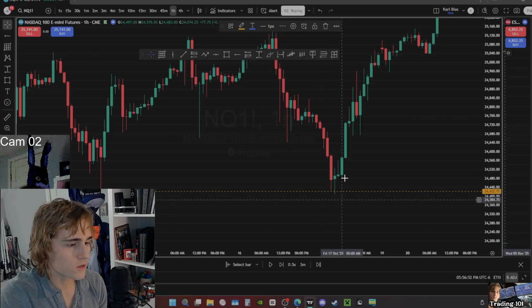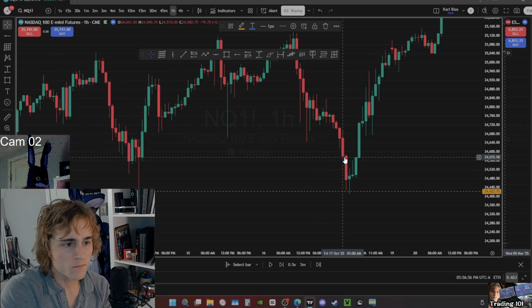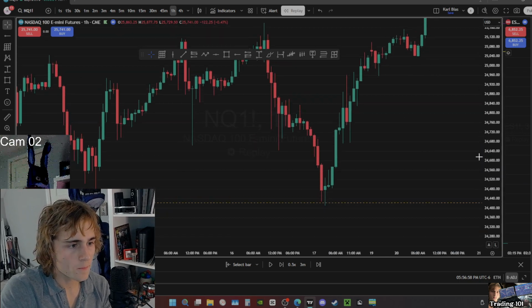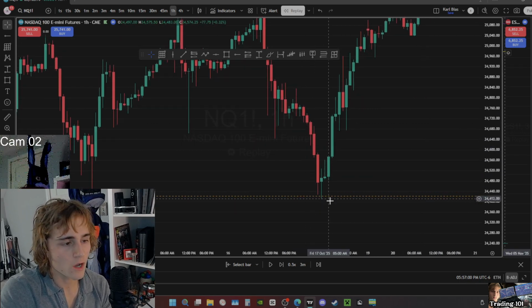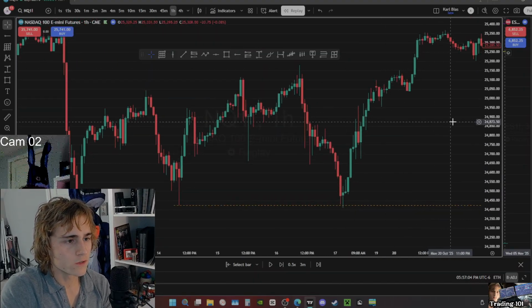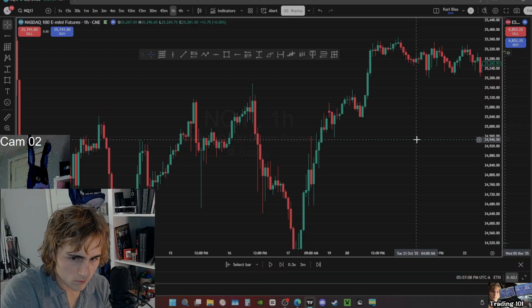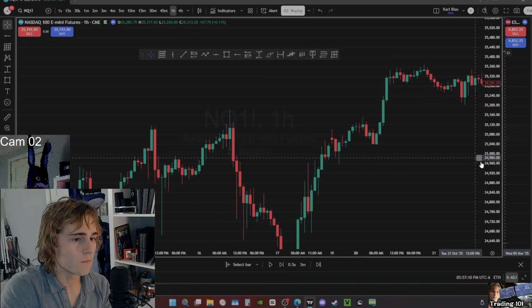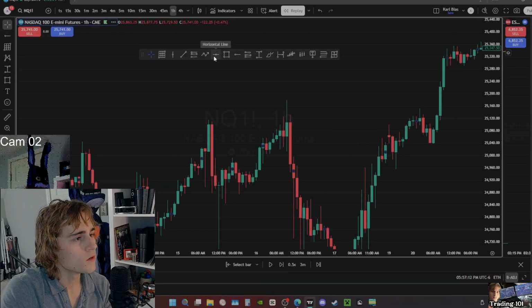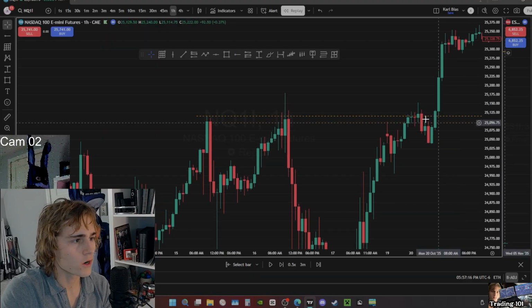Price comes down to this buy side liquidity and it moves up. That's a bullish liquidity sweep.